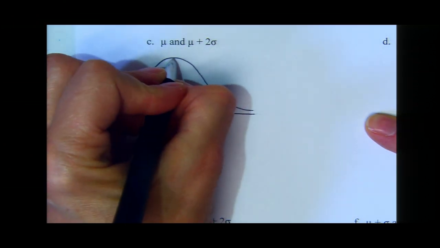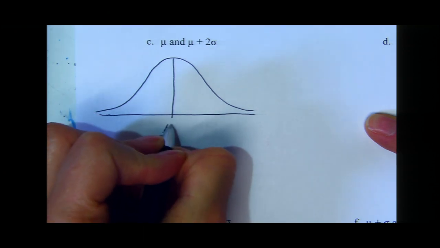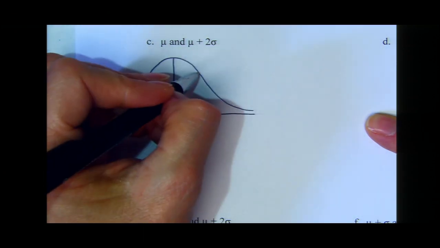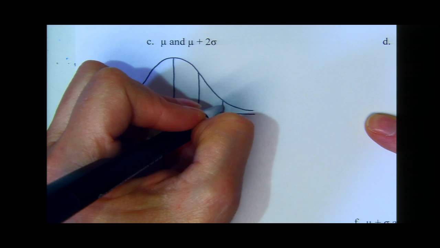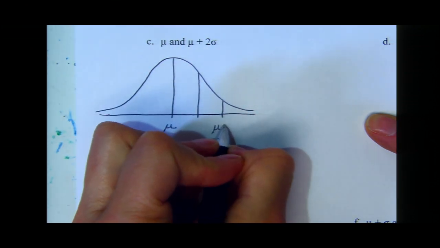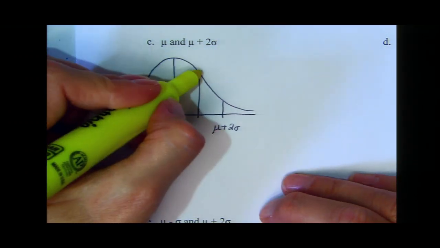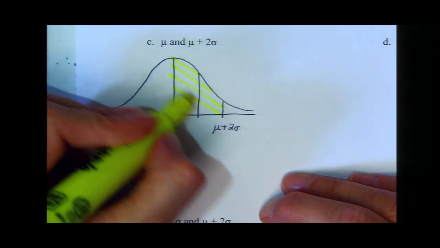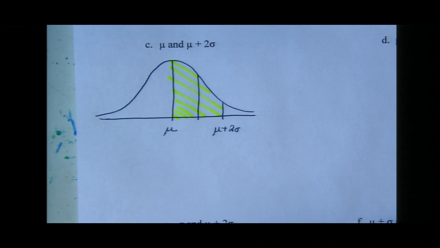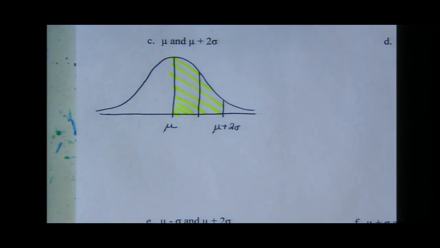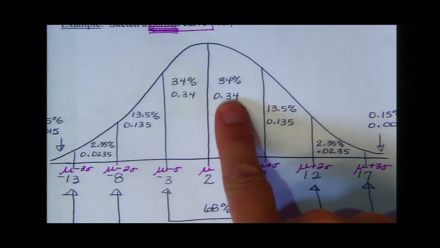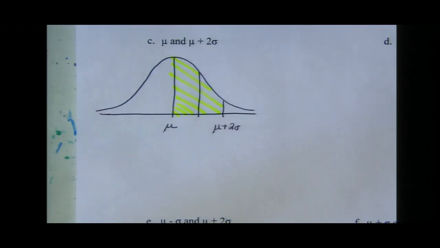My vertical lines are at mu and 2 standard deviations plus, so I'm going to the right. So that means I need to add, if I go back to this, it's adding this and this.